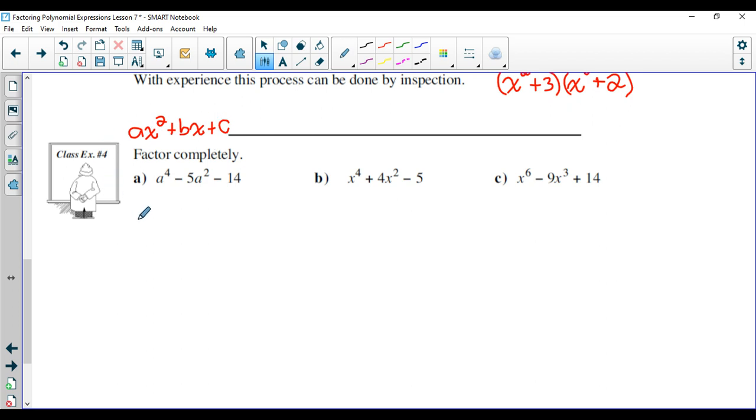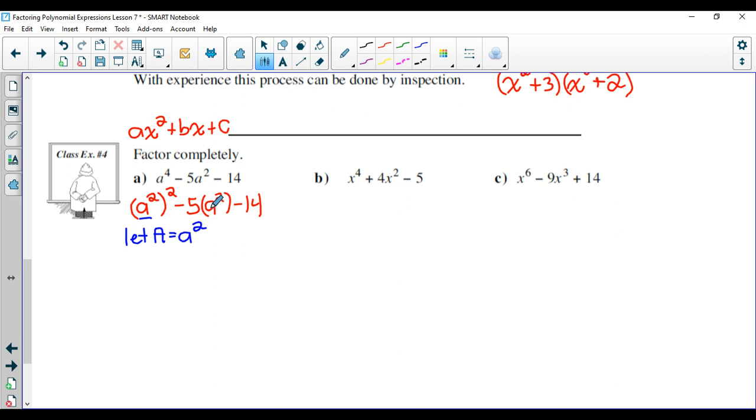So what that would look like is it would be a squared to the power of 2 minus 5a squared subtract 14. And the substitution I'm going to make is I'm going to say let capital A be a squared.